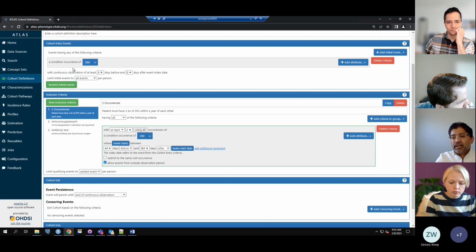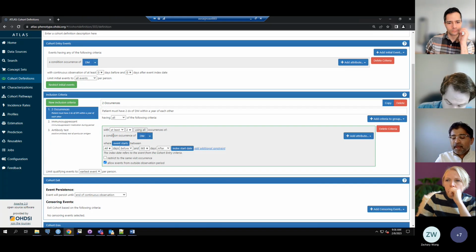So if somebody comes today and comes back 10 days later and comes back 30 days later, they would enter, because here it says all events. So that means all the dates. The next rule here, which you have implied, basically looks for the occurrence of dates anytime before to up to 365 days. And it will restrict this pool of dates based on this rule.